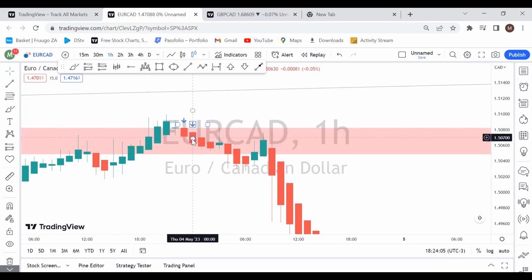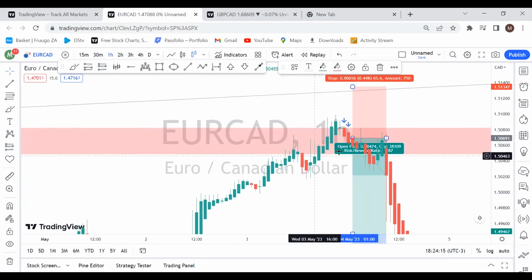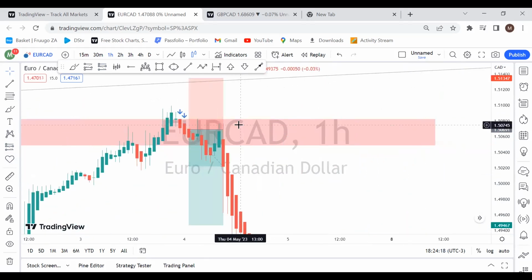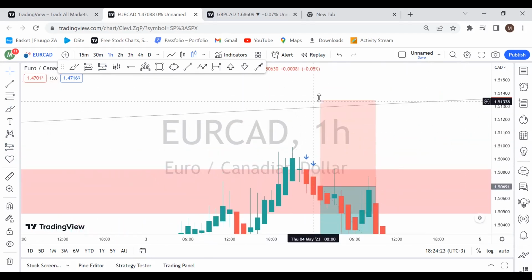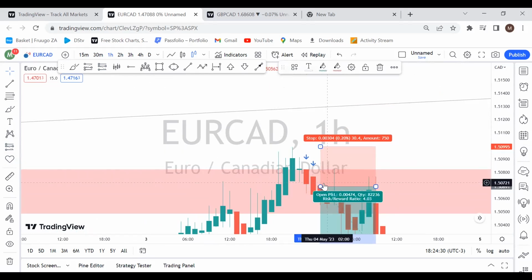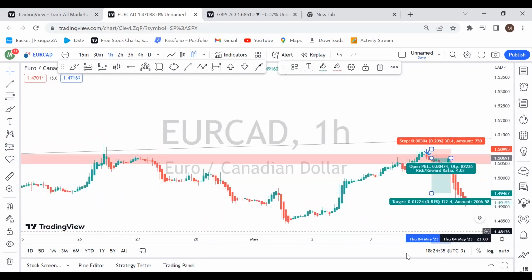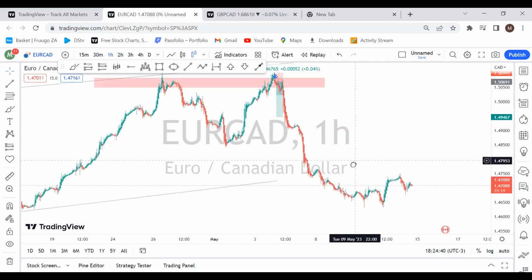So after the second one, that is where I would place my sell. So at the opening of this candlestick, that's what I'm selling. And for those who are wondering about stop losses and stuff, I would set the stop loss at the previous highest high, which is this point right here, just a few pips up. Okay, cool. So you can see the price hasn't gone back. It literally just sold off.